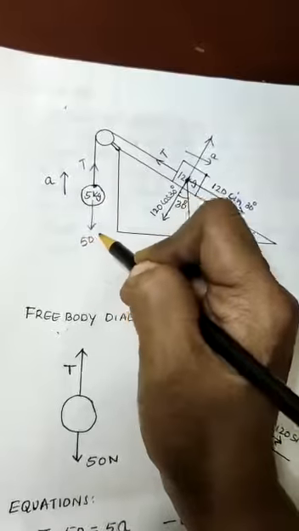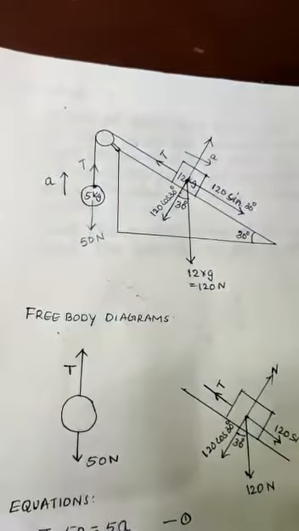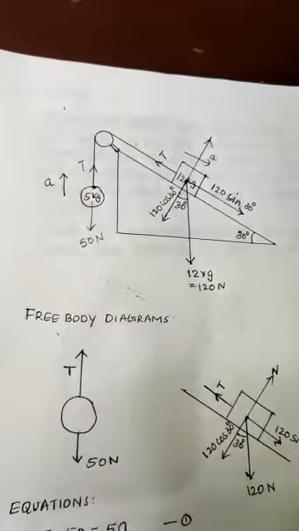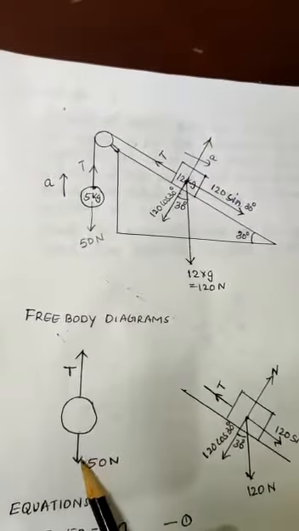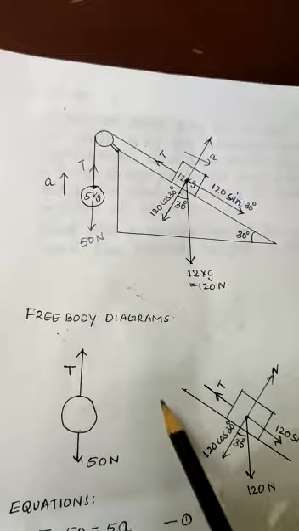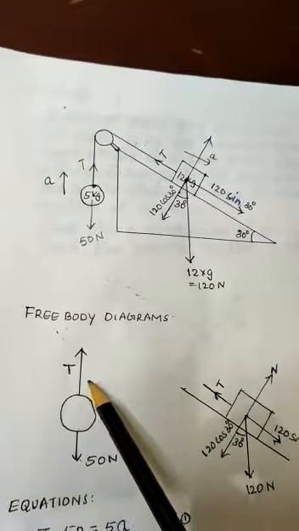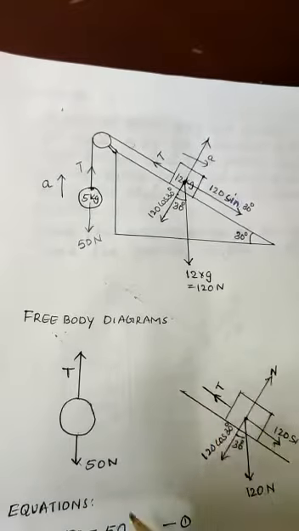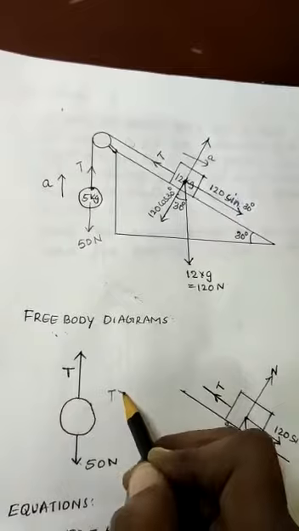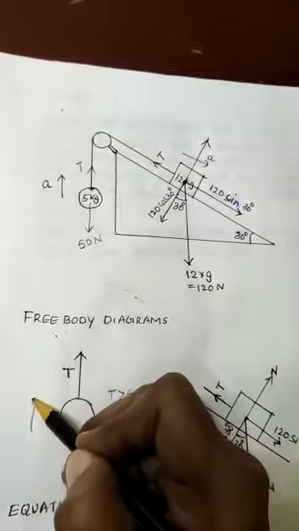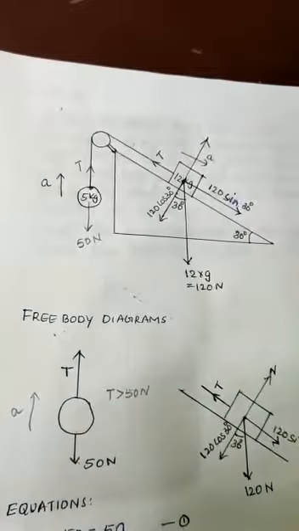This is 50 Newton. If we draw the free body diagram separately for the ball and the block, you can see that 50 Newton is drawn with a short arrow and tension is drawn with a long arrow, showing that tension is greater than 50 Newton, because the acceleration is upward.